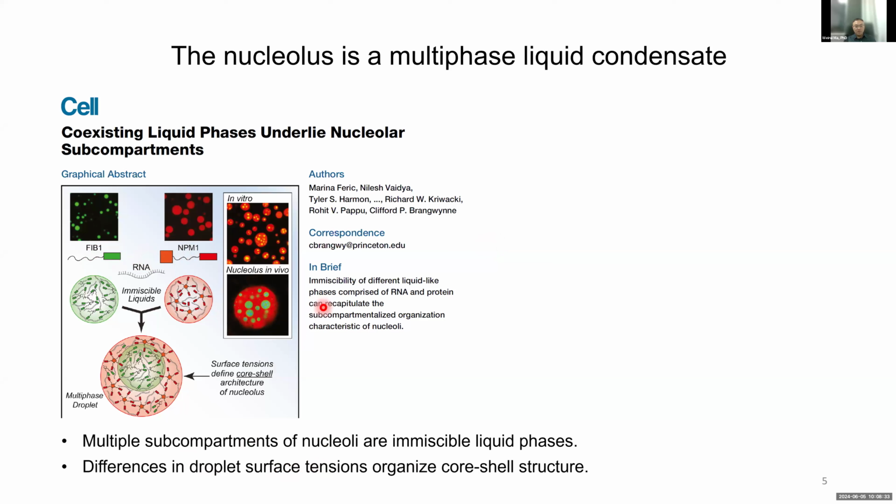Therefore, they cannot merge. They are immiscible. This work is very beautiful because it demonstrates a principle of how this core shell structure forms. Also, the method used in this study, the in vitro reconstitution, is a very powerful approach to study the organization of the nucleolus.